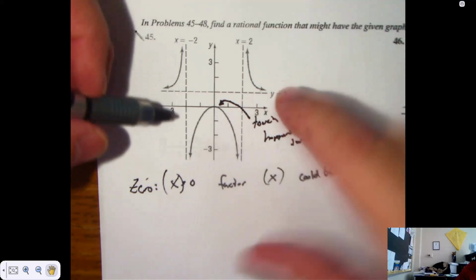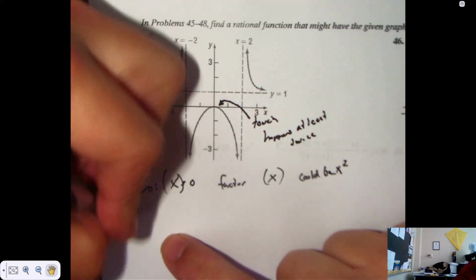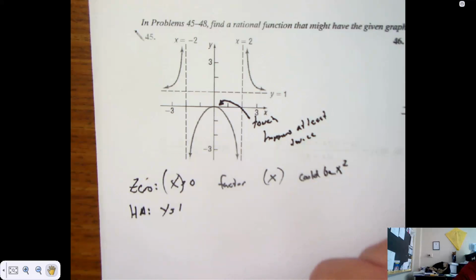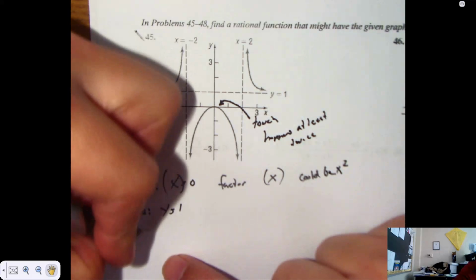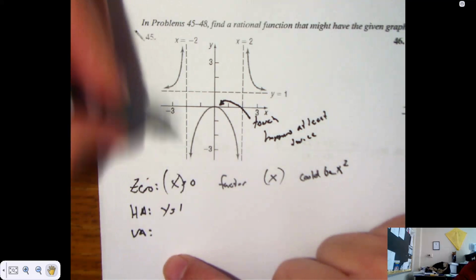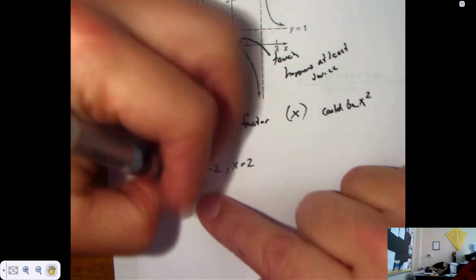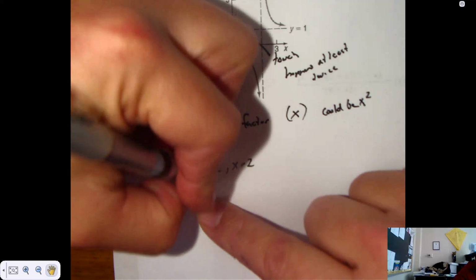Let's see what happens here. We have a horizontal asymptote at y equals 1. And we have two vertical asymptotes. The vertical asymptotes are at -2 and +2. Now, what factors will create those vertical asymptotes? That's right, they're created by x plus 2 and x minus 2.